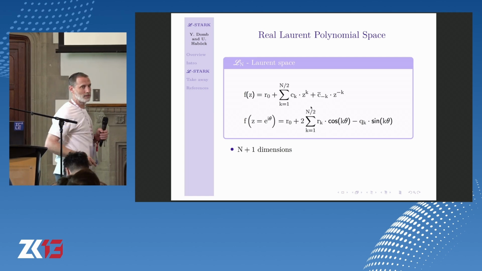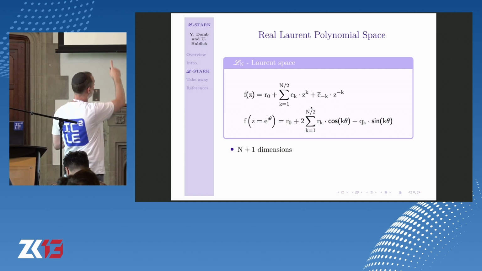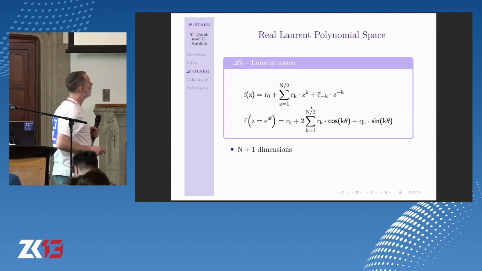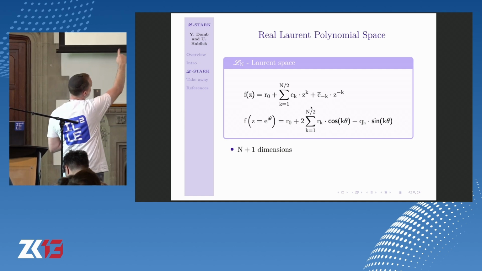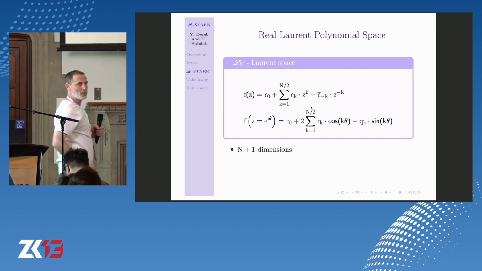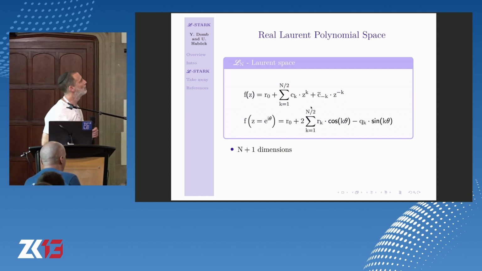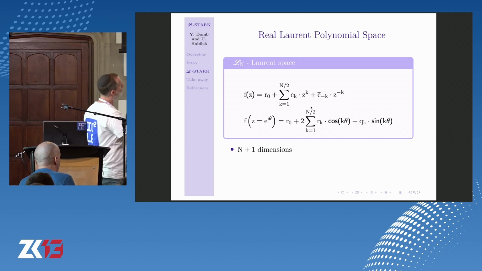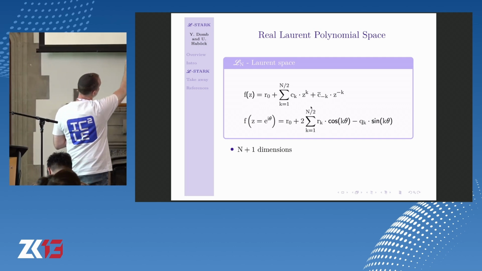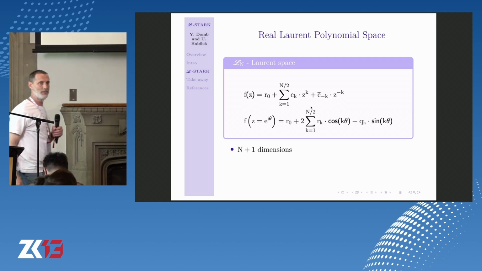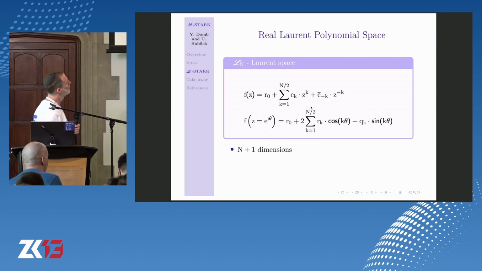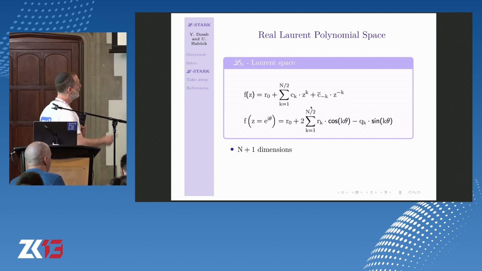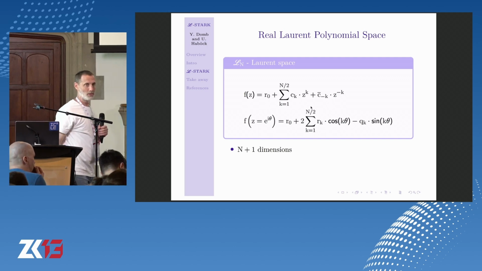If we take that over the circle, so we set z to be e to the i theta, then we see that this polynomial, it's the same polynomial, we can actually just manipulate it a bit, and then we get to these trigonometric functions, where all the coefficients here are just the real parts of the complex coefficients, and that's why the evaluations are always real. It's an n plus 1 dimensional polynomial.